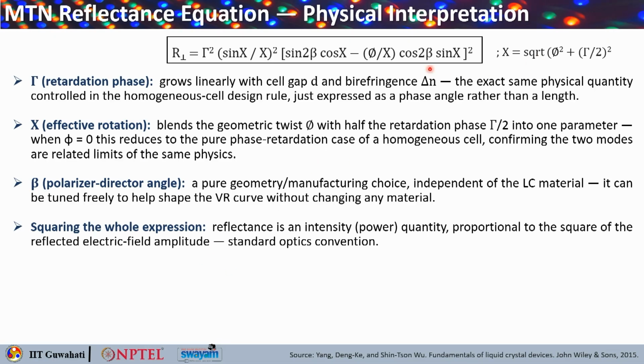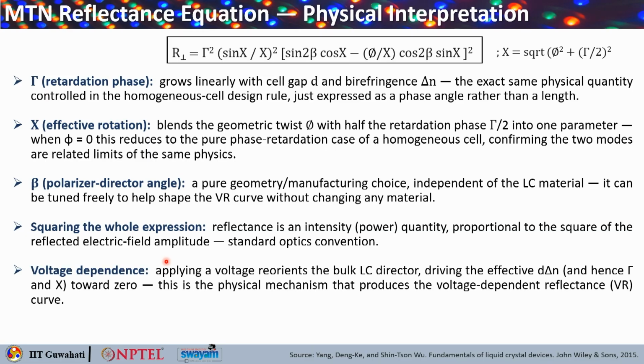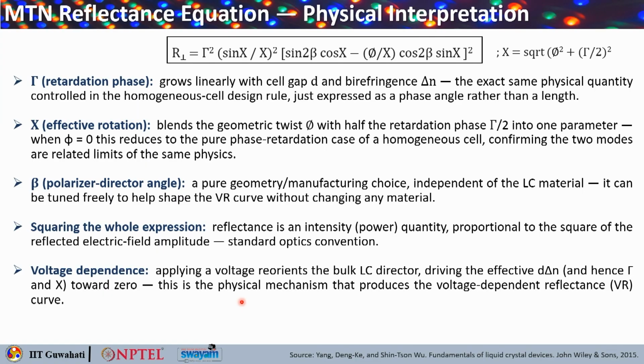Now, squaring the whole expression that you see here gives you the reflectance, which is an intensity or power quantity, proportional to the square of the reflected electric field amplitude, and that follows the standard optics convention. The voltage dependence comes when you apply a voltage that reorients the bulk liquid crystal director.